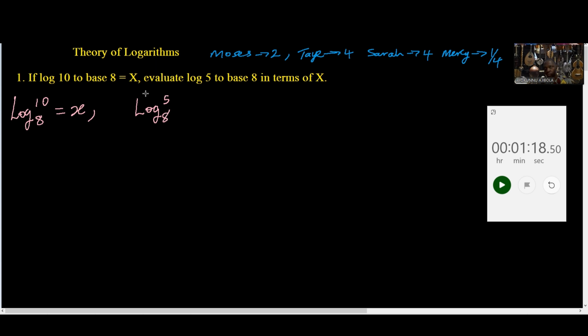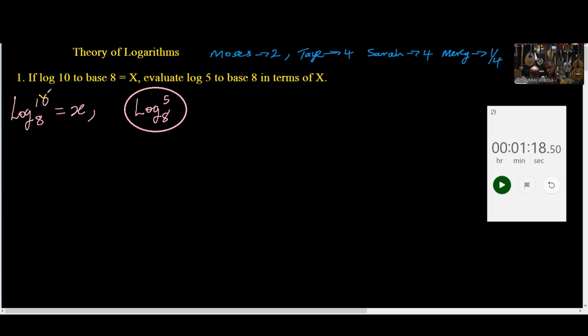So the first thing I need to do, just listen carefully, is to find a way of getting this expression out of the first expression. I'll repeat that. Find a way of getting this expression out of the first expression. Now, I can see this is 5.